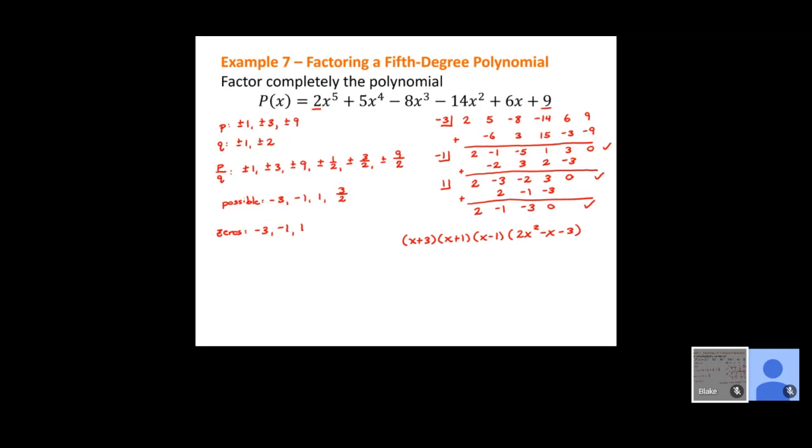So now I'm going to see if I can factor that quadratic. So just bring down everything else. In this case, to get a 2x squared, we need a 2x and an x. To get a 3, we need a 3 and a 1. In this case, I want a -x in the middle, so I'm going to put my 3 here and my 1 here.